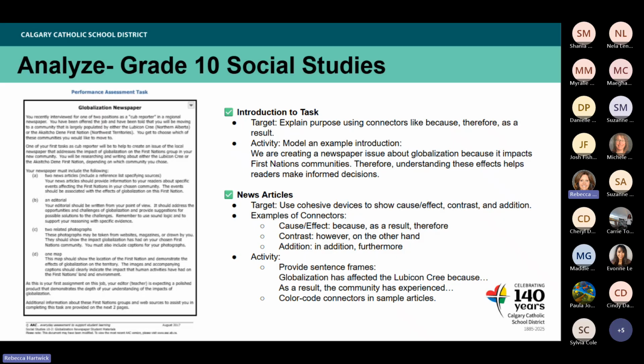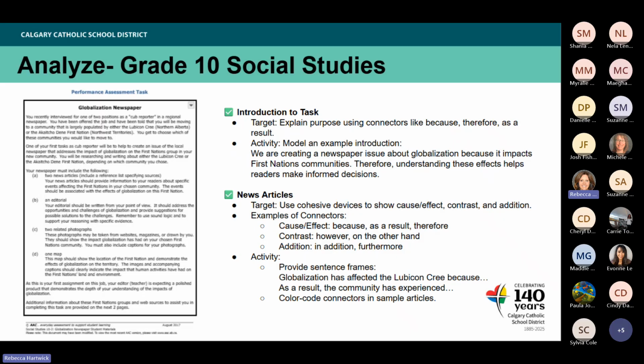So in the introduction to the task here, you will explain the purpose using connectors like because, therefore, as a result. So you could even find these connectors inside of the activity. You could model an example introduction. So we are creating a newspaper issue about globalization because it impacts First Nations community. Therefore, understanding these effects helps readers make informed decisions.